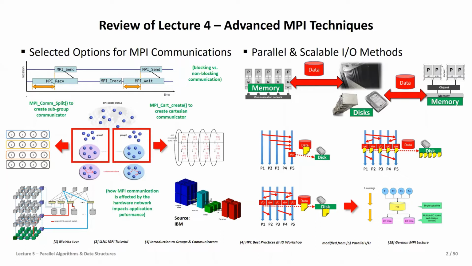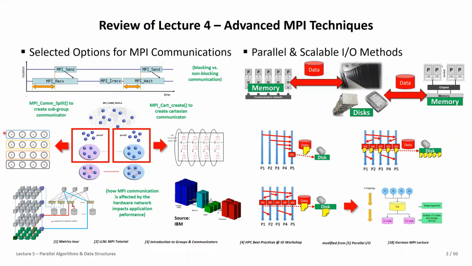Another powerful aspect of communications in MPI is the world of communicators. You learned already that MPI_COMM_WORLD is basically the world of all the communicators. But we also learned that this is not everything. You can create subgroups that, based on the ranks in MPI_COMM_WORLD, will be assigned to another communicator.